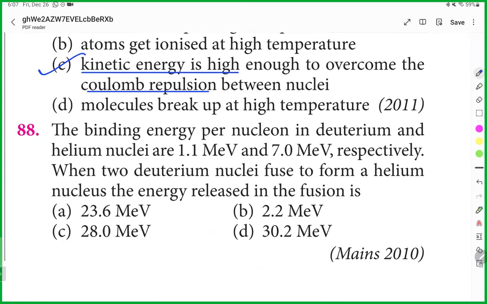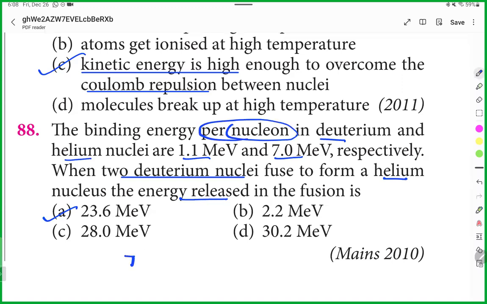Sarah, binding energy per nucleon for deuterium and helium is this and this. When two deuterium nuclei fuse and form the helium, how much energy will release? Sir, option A. Option A, very good. So remember per nucleon.